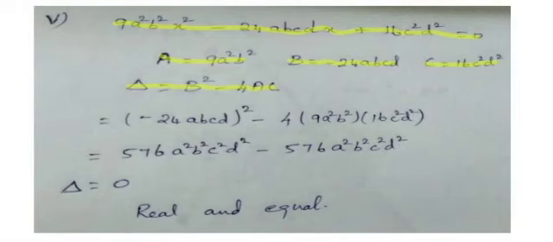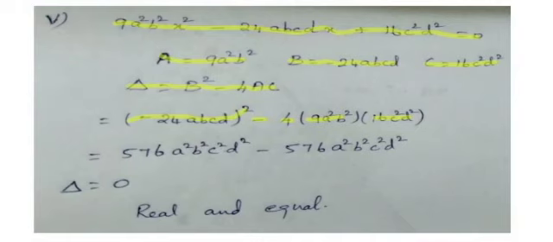Now, as usual, the same procedure. Instead of B we substitute minus 24abcd, the whole square, minus 4 into A, whose value is 9a²b², and C, whose value is 16c²d².